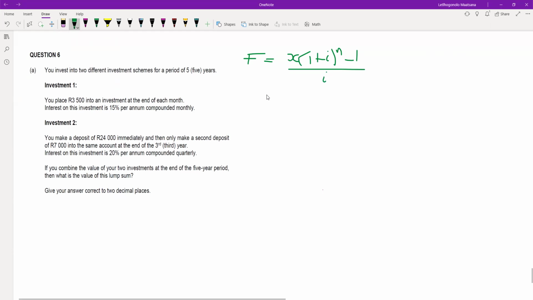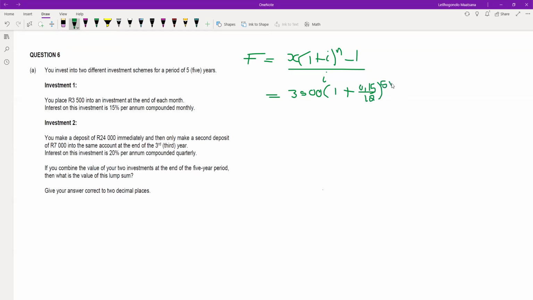our X is 3,500 monthly. Our I is given as 15% compounded monthly, so we need to divide that by 12. And the number of years is 5 years.